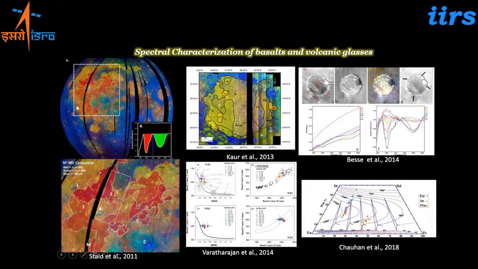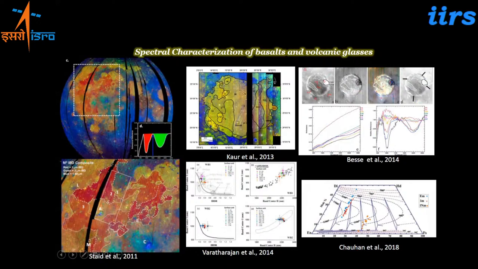This is the region of Mare Oceanus Procellarum, and this is again a subset of this particular region where different basalts have been identified based on their mineral variability. This is a color composite image. And this again is the Mare Serenitatis area, where the different litho units have been classified on the basis of their pyroxene variability.